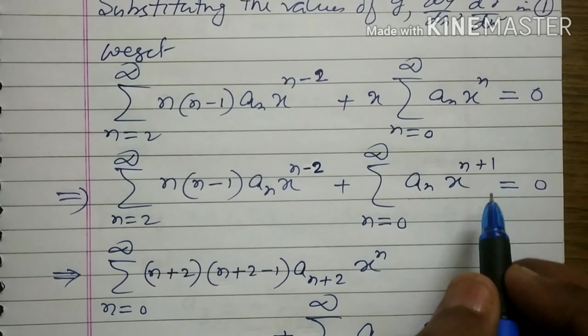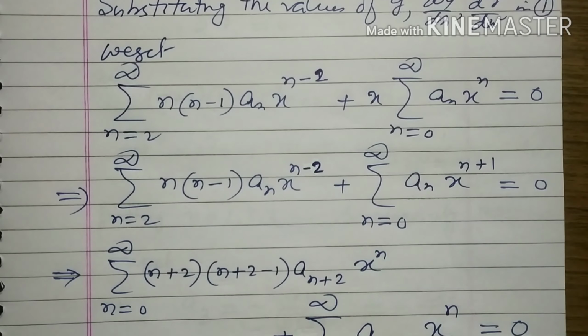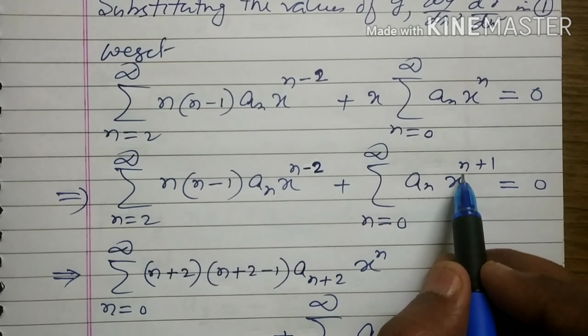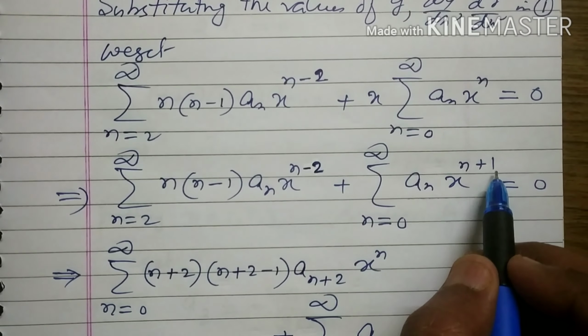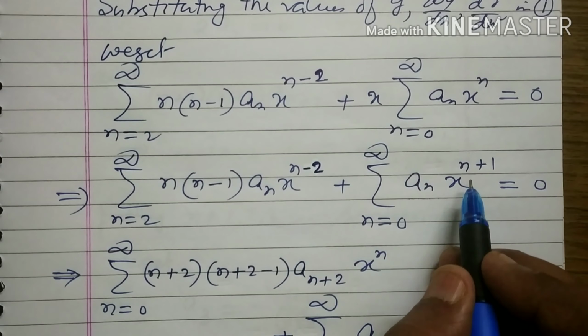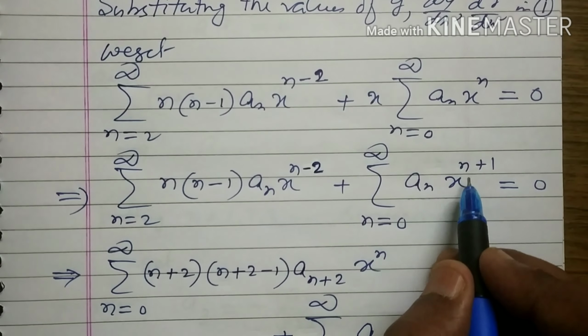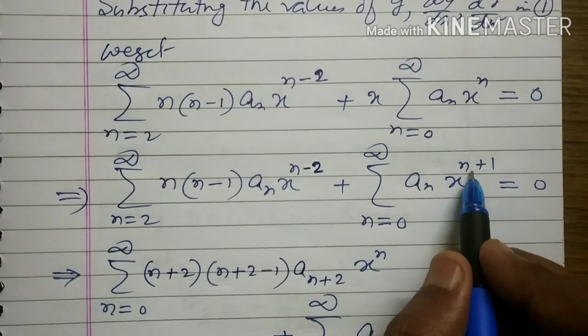Just to compare, what is our target? Our target is to convert to x to the power n. But what you have here is x to the power n plus 1, that means one step ahead. So if I want to get x to the power n, I should replace n by n minus 1.